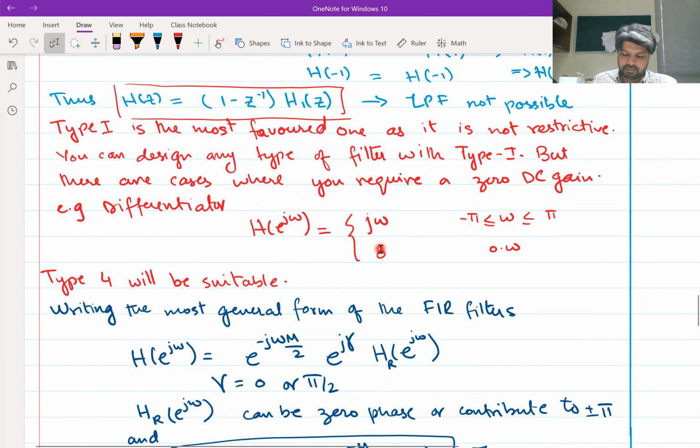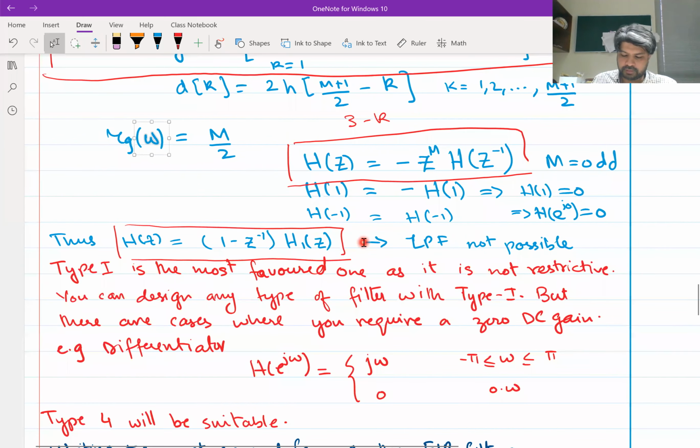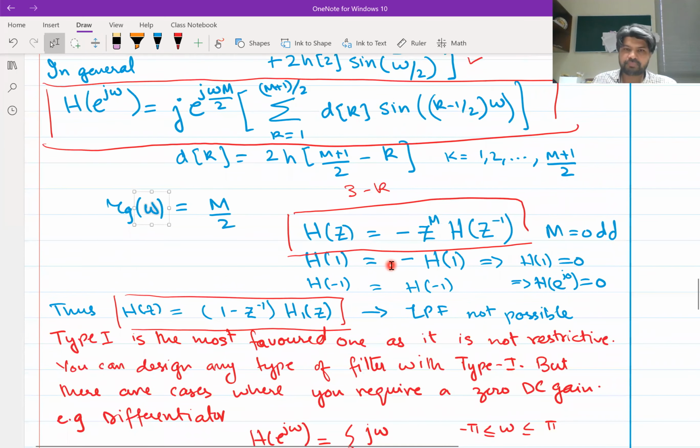ठीक है, तो what kind of filter would be suitable for an ideal differentiator? Any guesses? आइडियल डिफरेंशिएटर के लिए कौन से टाइप का फिल्टर यूज करेंगे आप?